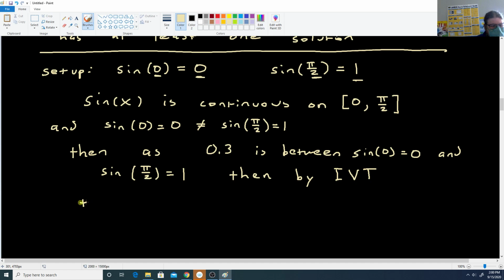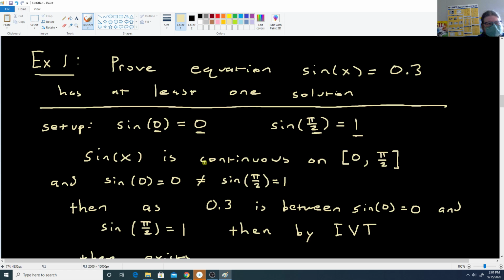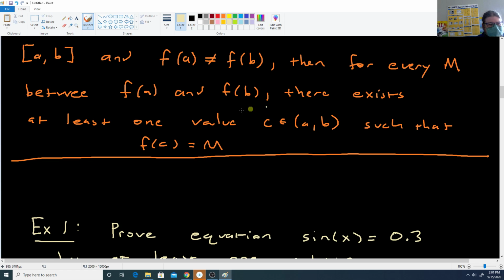there exists, let's scroll back up and just read it again. So there exists at least one c in the open interval a to b such that f of c equals m.